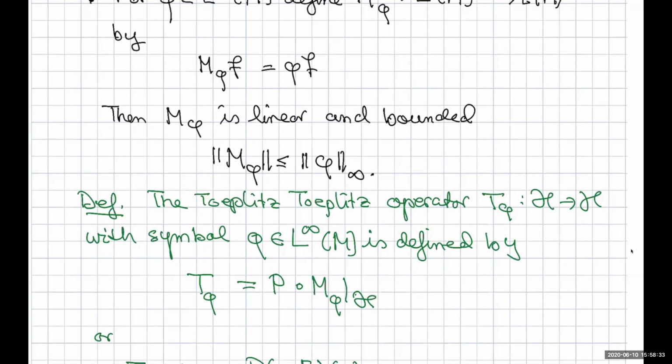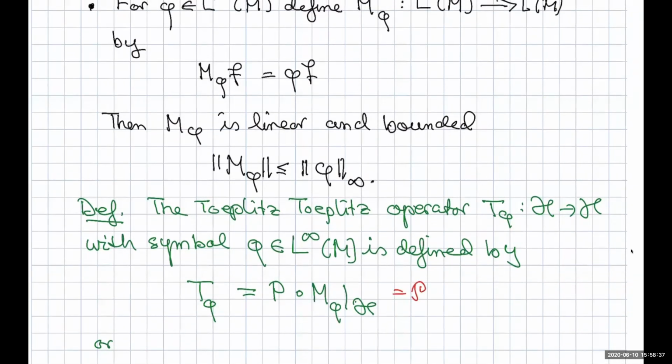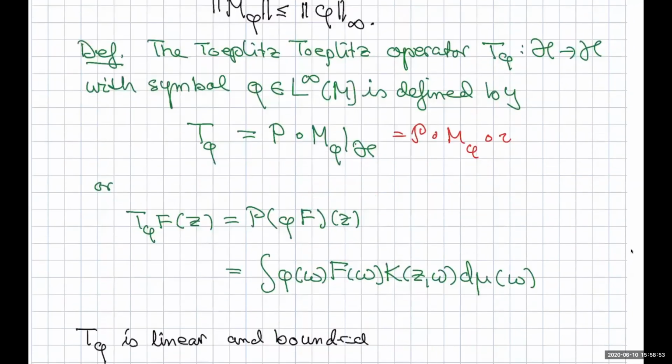So it is the projection, the multiplication, and the inclusion map. All of those maps are continuous, so this is a bounded operator with norm, again, less than or equal to the infinity norm of phi. And phi is called the symbol of the Toeplitz operator.